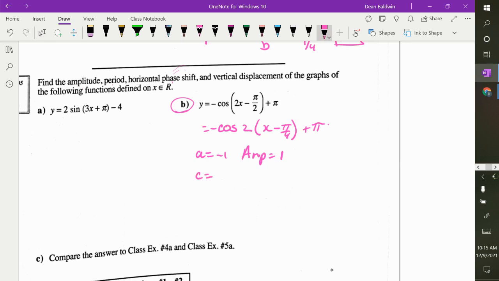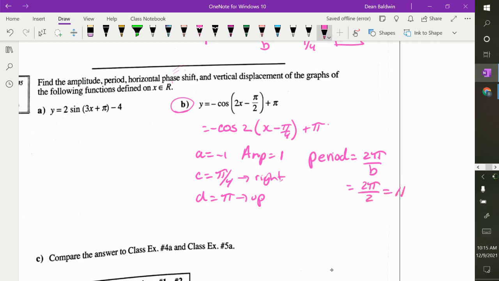What is my C value? Pi over 4. So that we went right. Okay, and D is pi. So that means we went up. Okay, now we gotta do period. Period is 2 pi over B. What's my B value? Therefore, the period is pi. Okay? B's right there. I put it in.